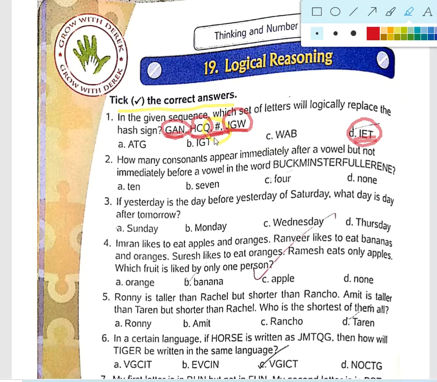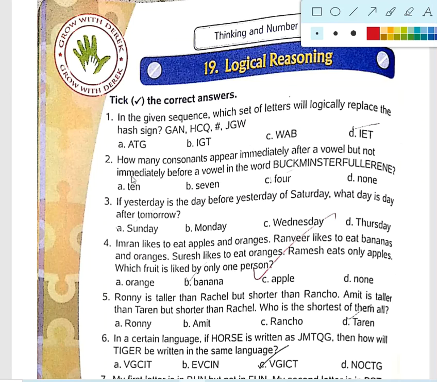Okay, so the letters which count to 34 will be put over here. If you count IET, you will see that it will be 34. Clear? And then if you count this last one, it will be 40. So each number will have a gap of 6. Hope this part is clear to you.